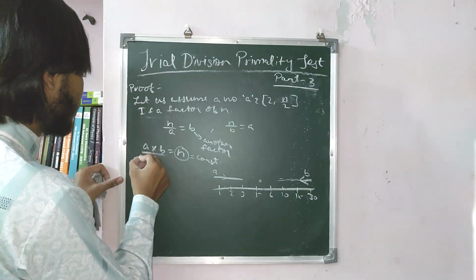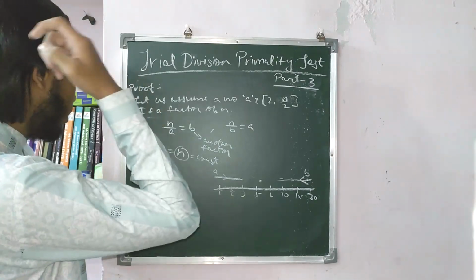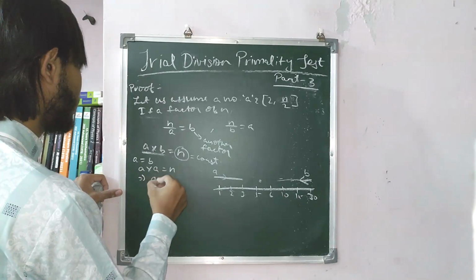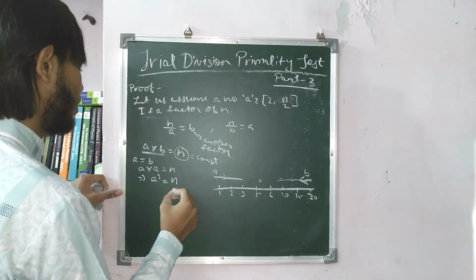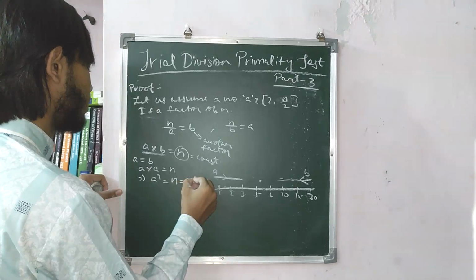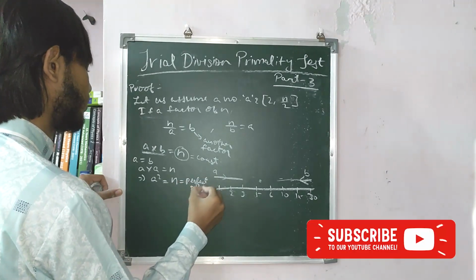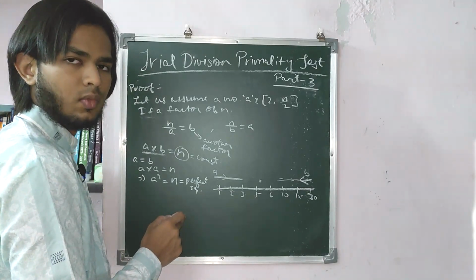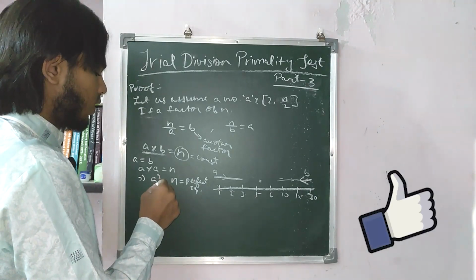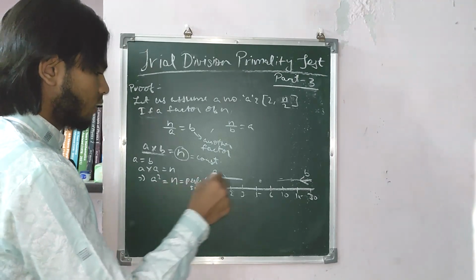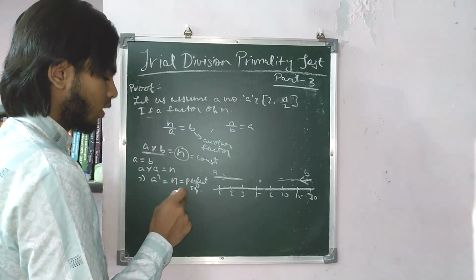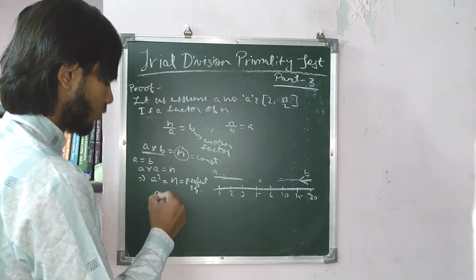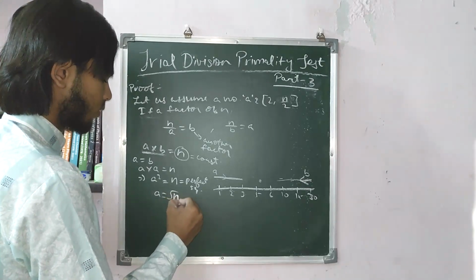At some particular instance, A is equal to B. So that means A times A equals N, which implies A square equals N, which is a perfect square. So in the case of a perfect square, that middle number would be A equals root N.